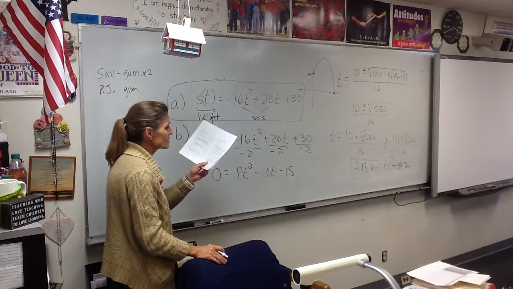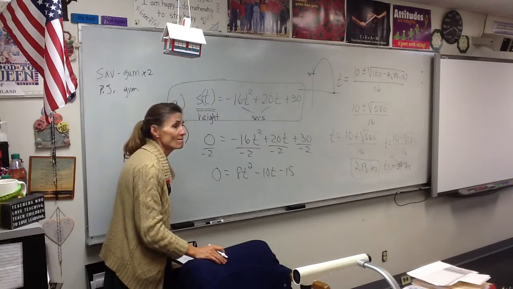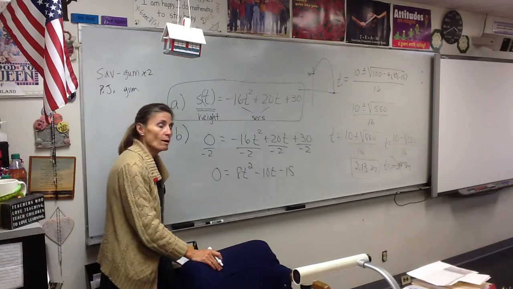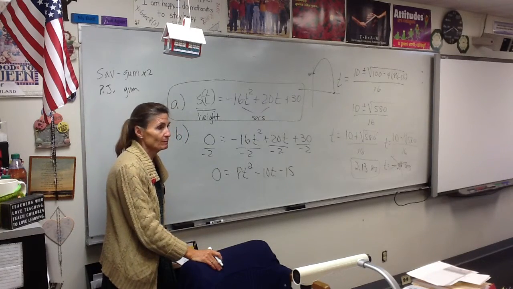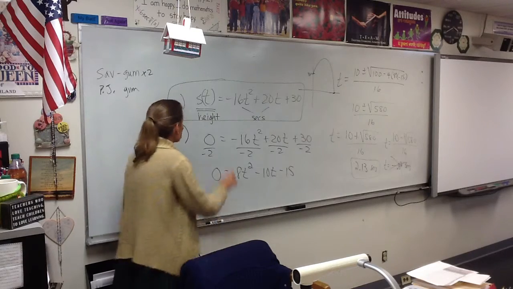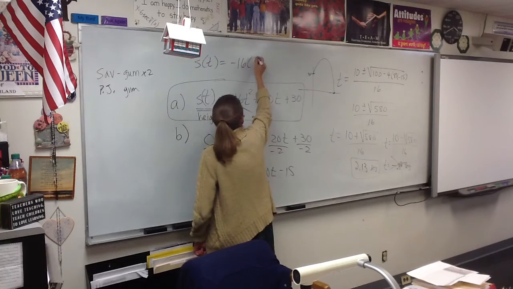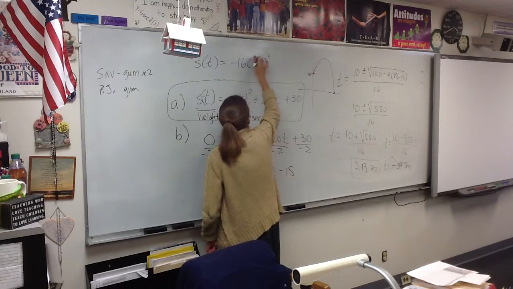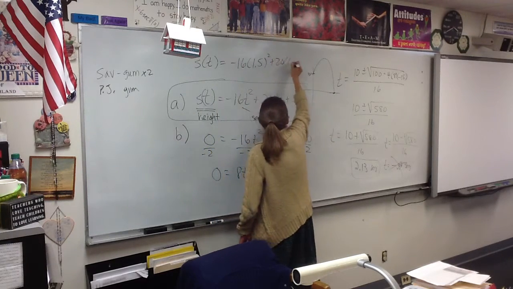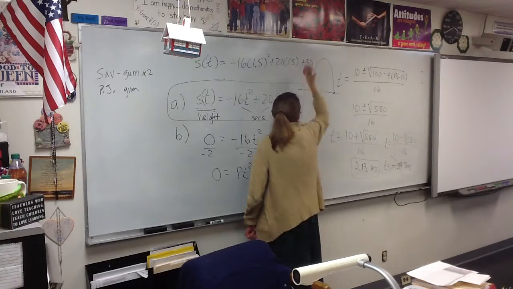How high is the ball after 1.5 seconds? What am I going to do with that 1.5? Put it in for t. So S of t is going to equal negative 16 times 1.5 squared plus 20 times 1.5 plus 30.